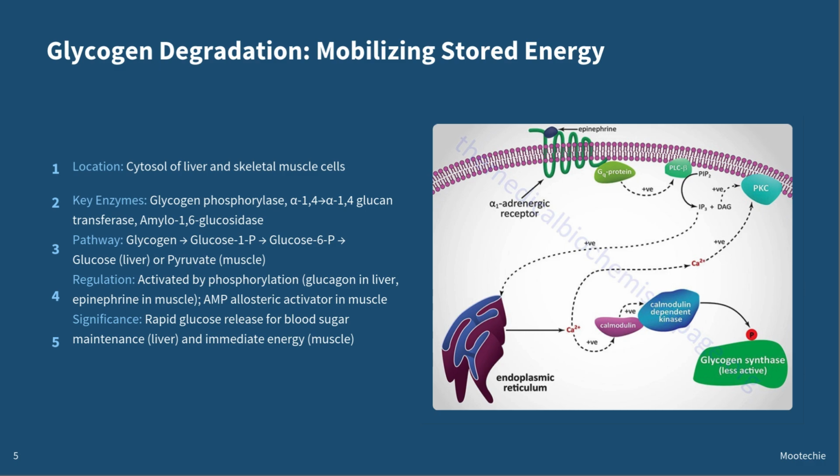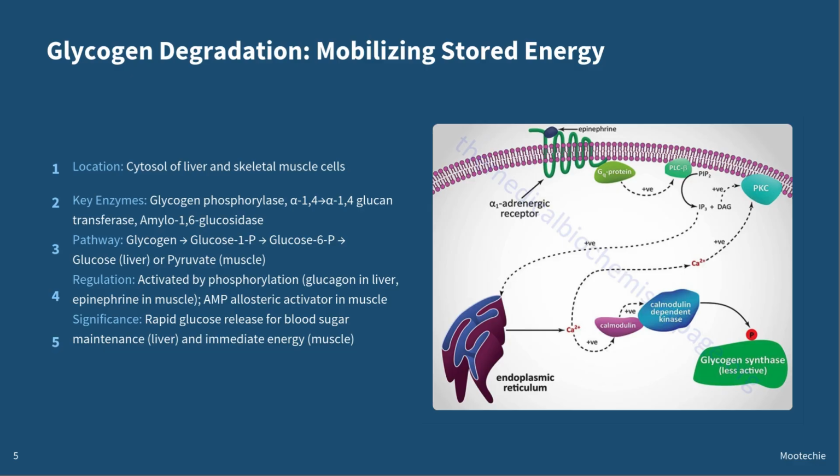The pathway breaks glycogen down into glucose-1-P, then to glucose-6-P, and finally to free glucose in the liver or pyruvate in muscle for energy. It's regulated by activation through phosphorylation, triggered by glucagon in the liver and epinephrine in muscle. AMP also acts as an allosteric activator in muscle. This rapid glucose release is crucial for maintaining blood sugar and providing immediate energy during activity.